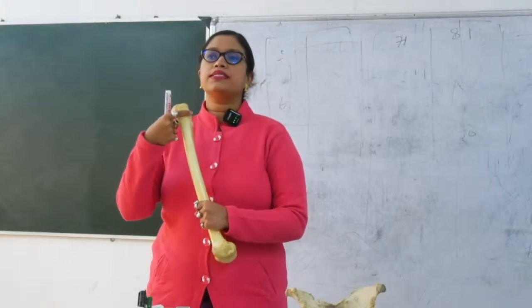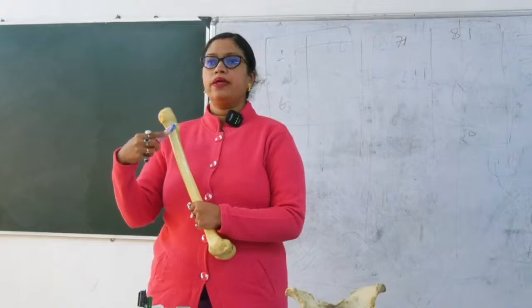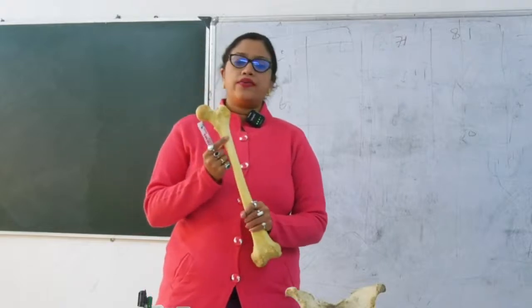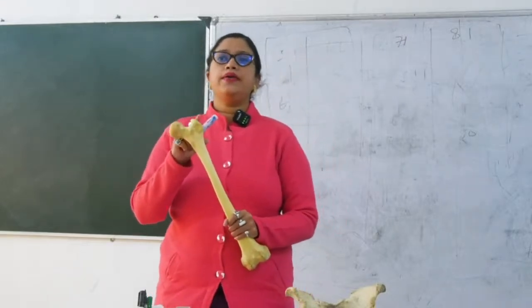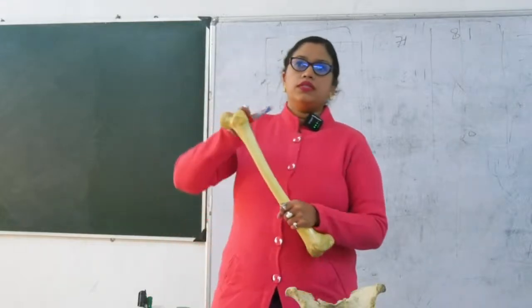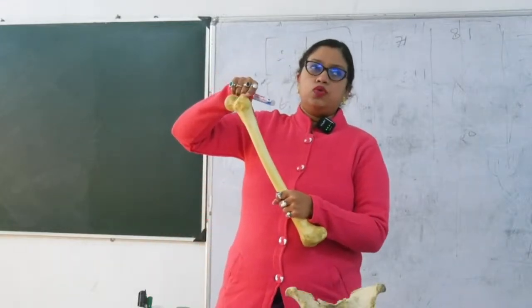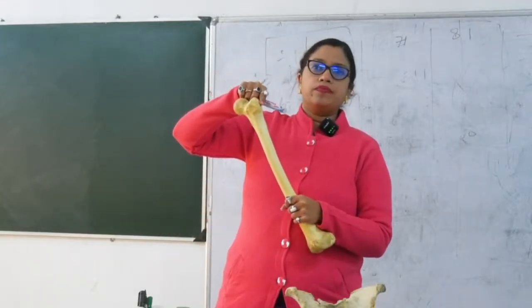Next, what surface is this? Lateral surface. So on the lateral surface, which things will we get? Which muscle would be coming here?